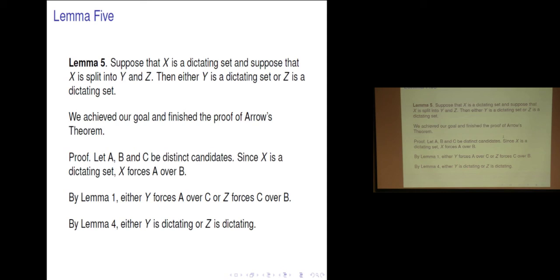So in other words, either Y is dictating because Y forces A over C, or Z is dictating, because Z forces C over B. So one of the smaller sets is dictating. Okay? So that is a proof. So it's not so bad, right? It's understandable.